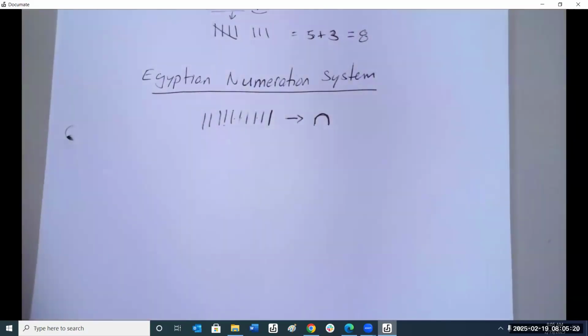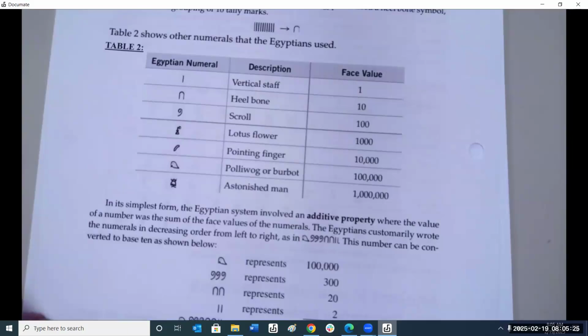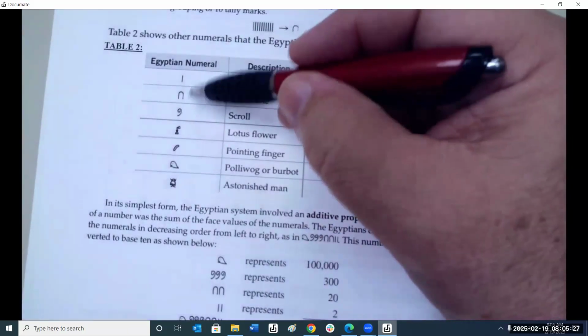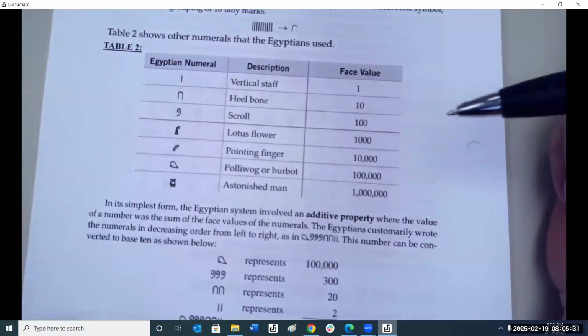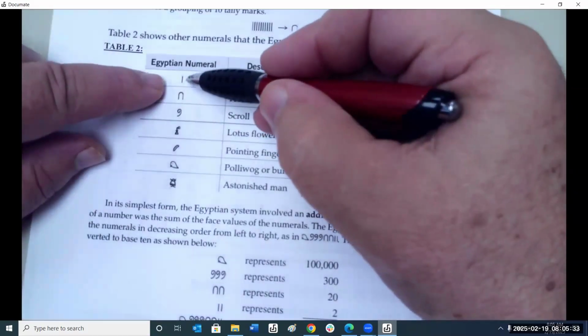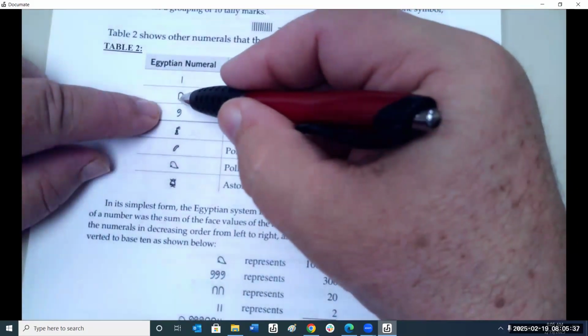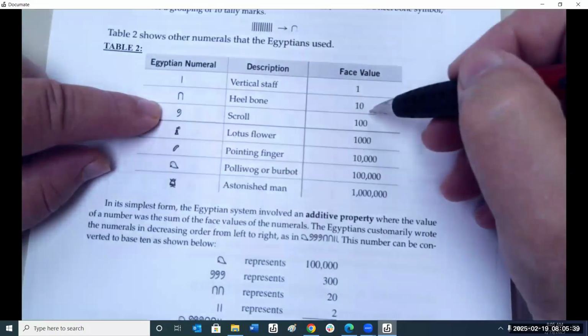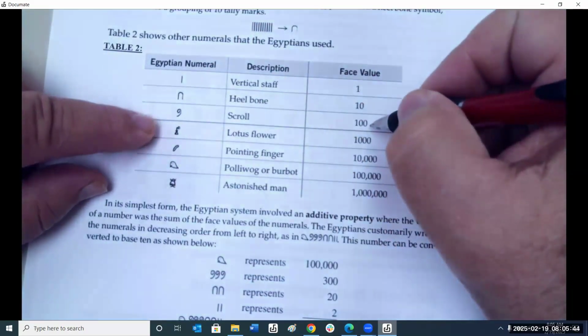So as you see from your sheet, there are pictures. Each picture, so a single staff, represented one number. The heel bone, which is the N, represents 10. The scroll represents 100.